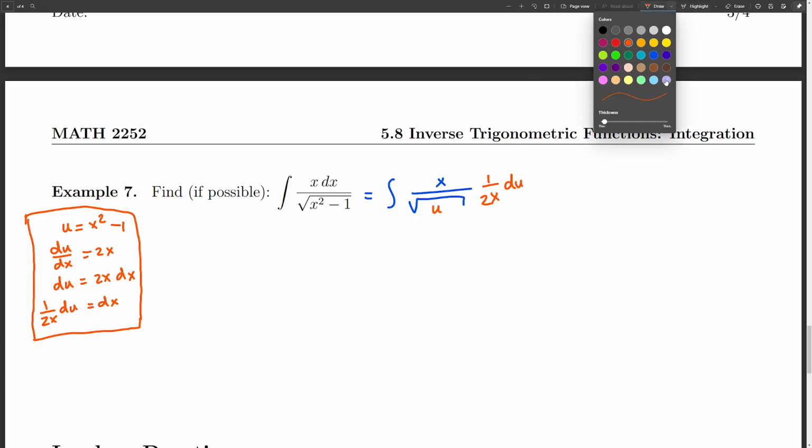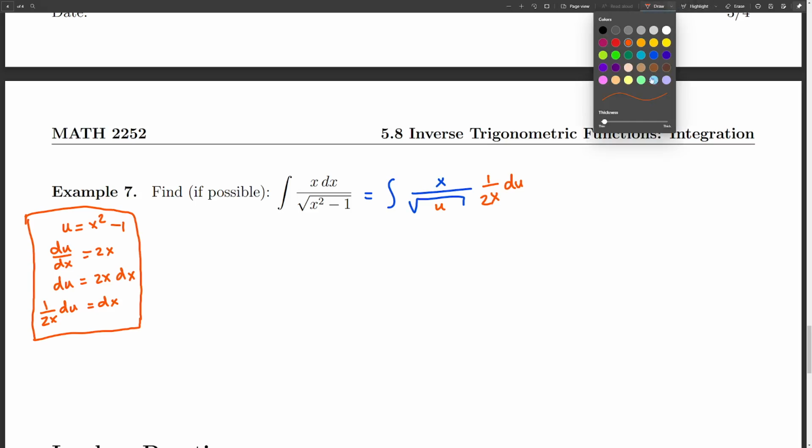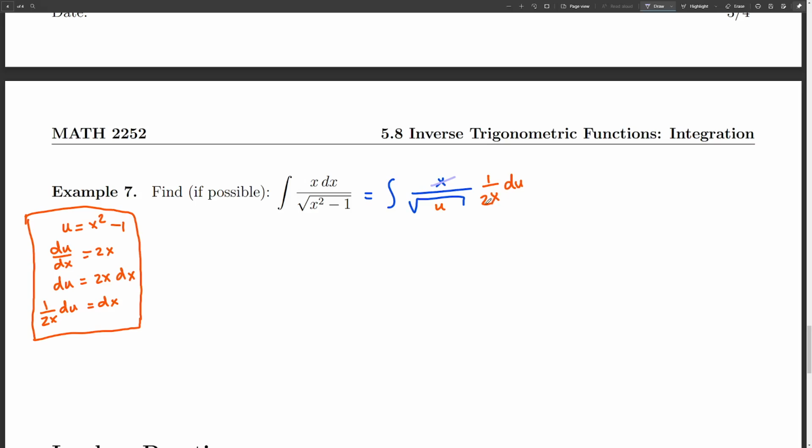And so the good part here is that, let's undo that, I was going to take a look at the x's. This x here cancels with this x here. And so then we have an integral that's just in terms of u. So then I get 1 over, I'm going to rewrite square root of u as u to the power 1/2, du.